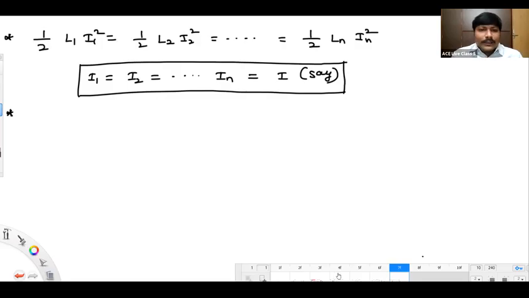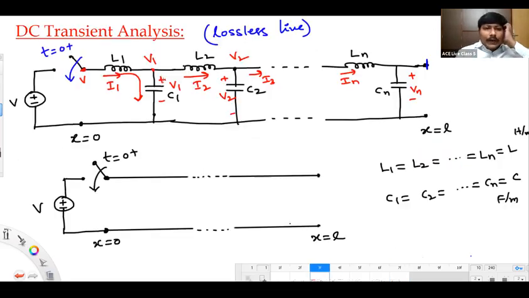Similarly, half C1 V1 square, half C2 V2 square, and so on up to half Cn Vn square, all these are equal.